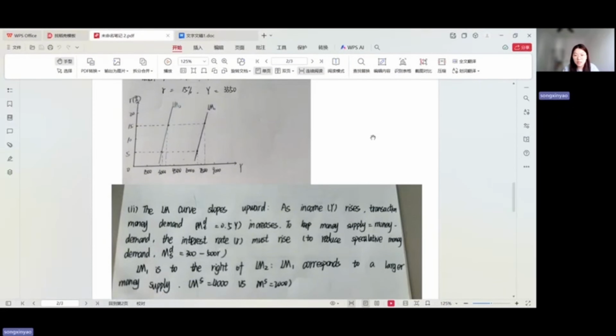To keep money supply equal to money demand, the interest rate R must rise to reduce speculative money demand, MDS equal to 300 minus 500R. LM1 is to the right of LM2. LM1 corresponds to the larger money supply, MS equal to 4,000, versus MS equal to 2,000.